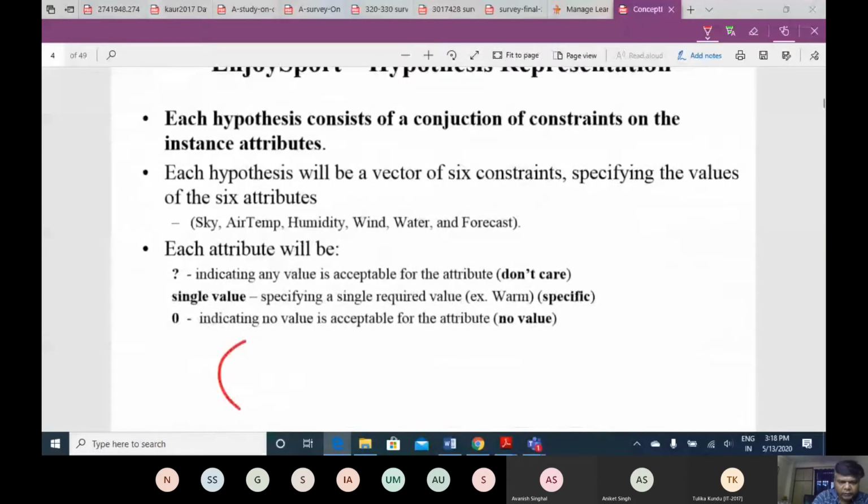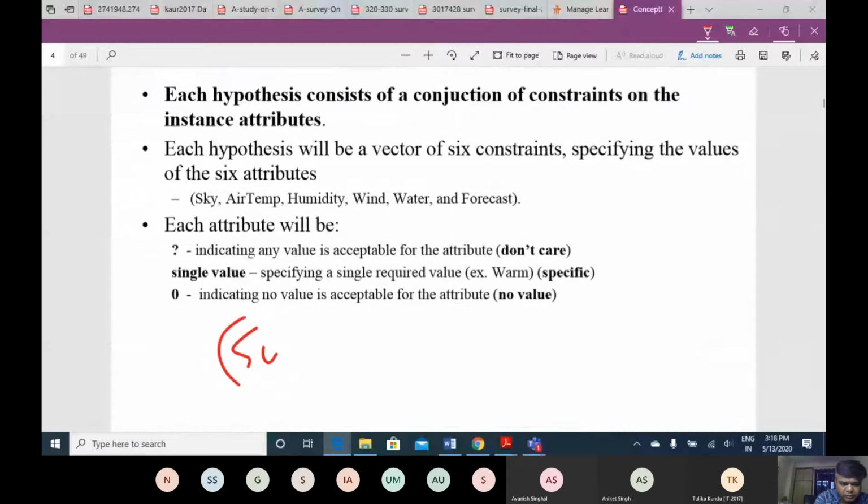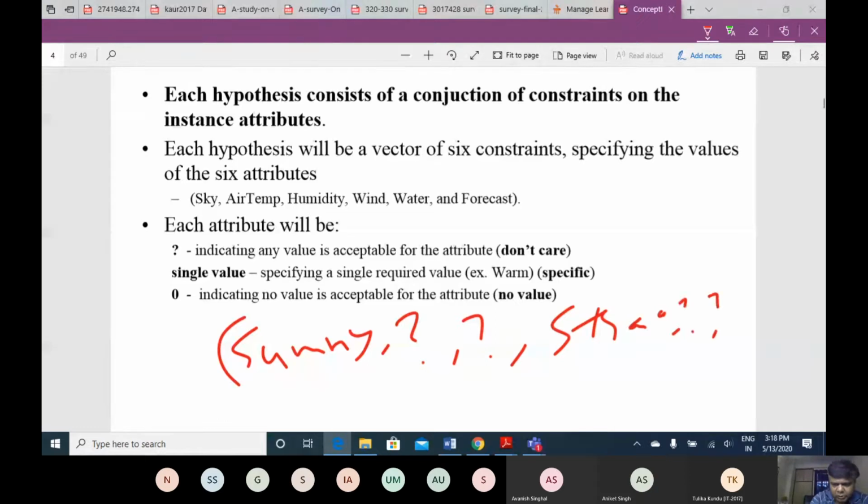So the first feature sunny, second feature question mark, third feature question mark, fourth feature wind strong, question mark, question mark. Now this represents one such hypothesis.